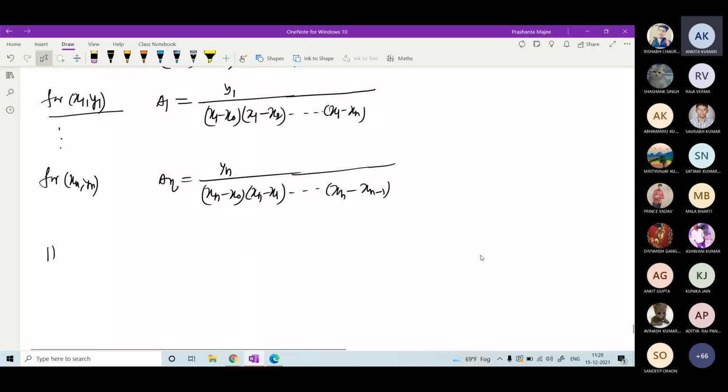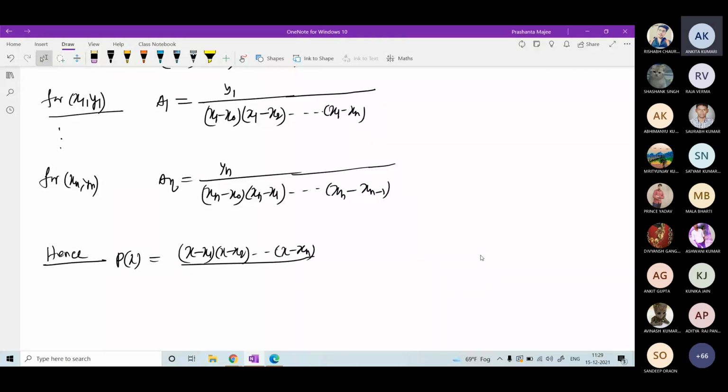So hence p of x, the polynomial, will be x minus x1, x minus x2 up to x minus xn, by x0 minus x1, x0 minus x2 up to x0 minus xn, into y0.